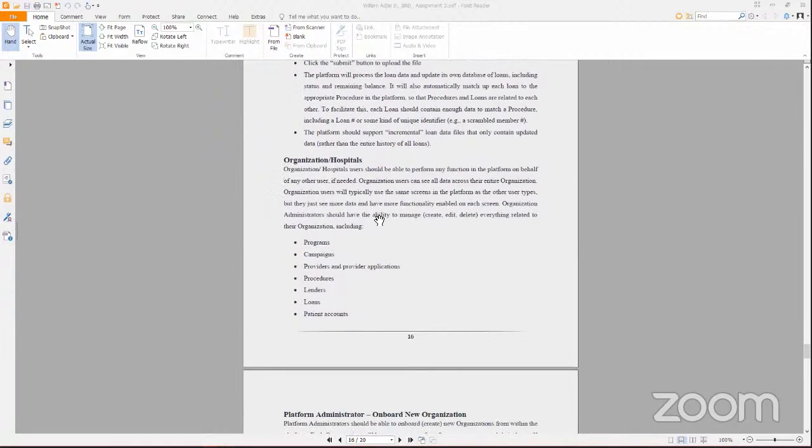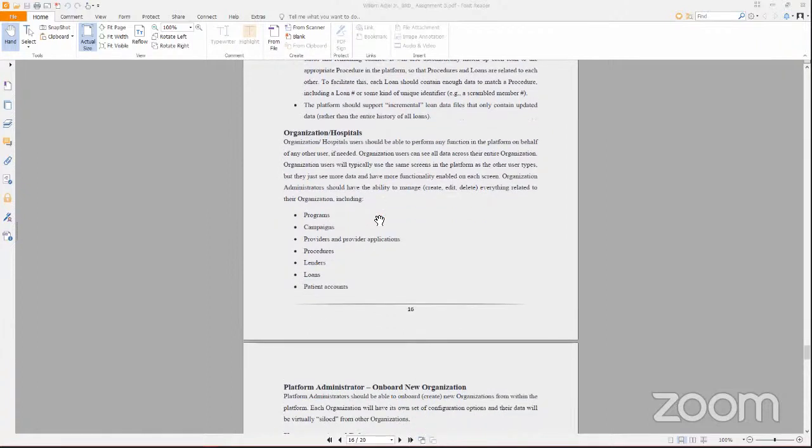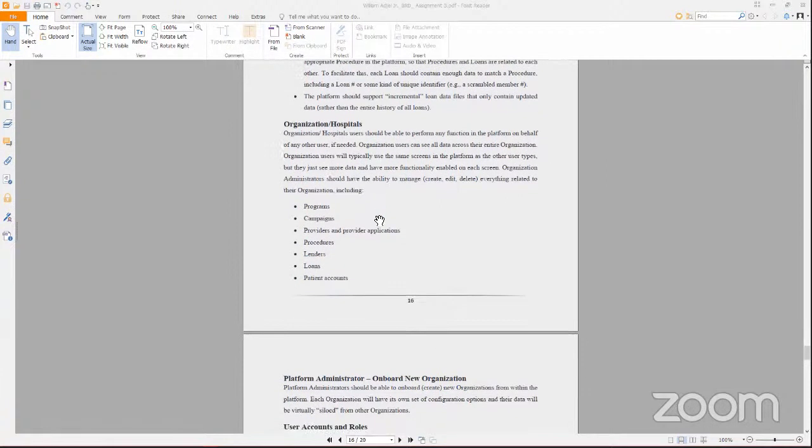We have our hospitals or the organizations. So the hospital users should be able to perform any function in the platform on behalf of any other user, if needed. And the organization's users can see all data across their entire organizations.